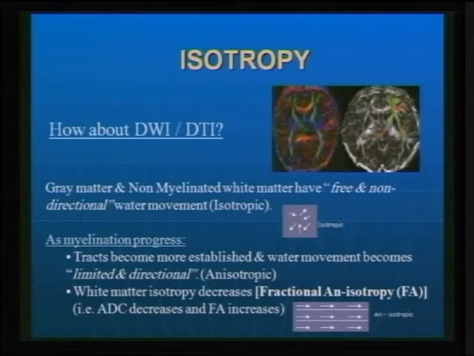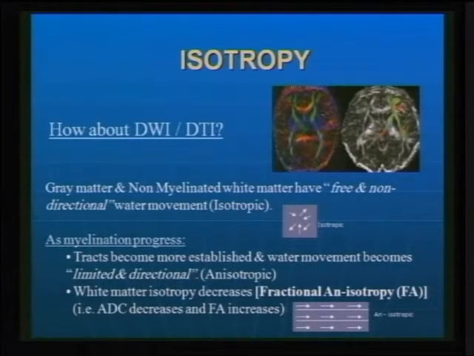They can flow in any direction, and that's called isotropy. As myelin is being developed, tracts are being directed, so you have certain directions for certain tracts, so the water flow will be directed in a certain way rather than being diffused in all directions. So you lose your isotropy and it becomes anisotropic. And that's basically the basic of tensor imaging.